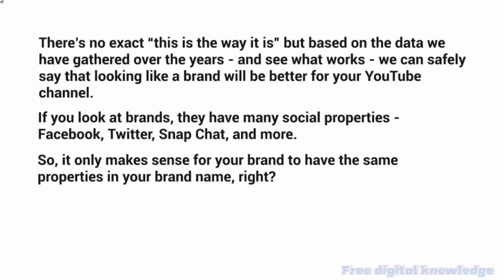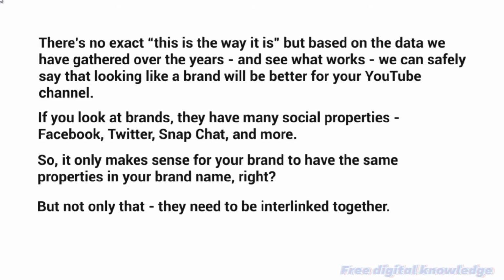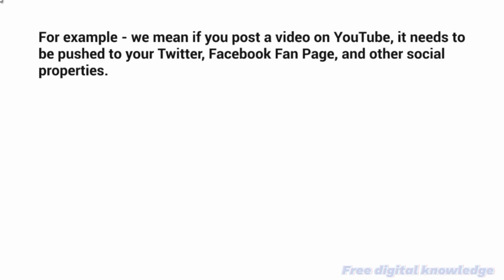Then it makes sense for you to post that same YouTube video or share it via Facebook, Twitter, Snapchat, and more. Essentially, we're interlinking them together. And that brings us to this strategy, which is the ring.